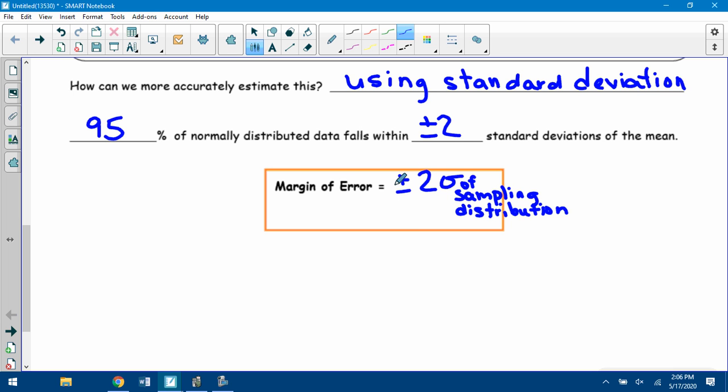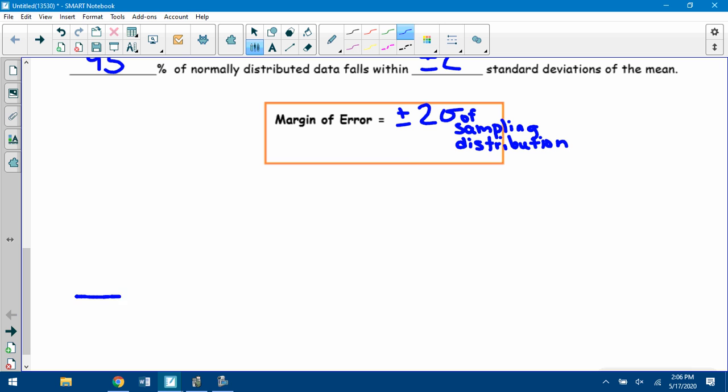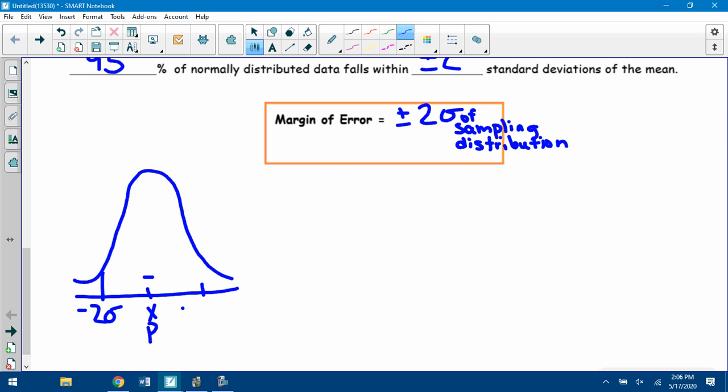Okay, so what I'm saying right here is if your sampling distribution is normally distributed, which they generally are if you take enough samples, here's the true population mean or the true population proportion, whatever you're looking at. If you look to -2 standard deviations of the sampling distribution to +2 standard deviations, you're going to get 95% of the data. So we can say we are 95% confident.